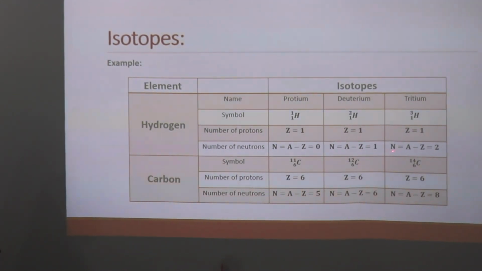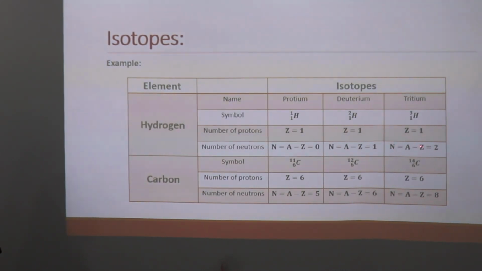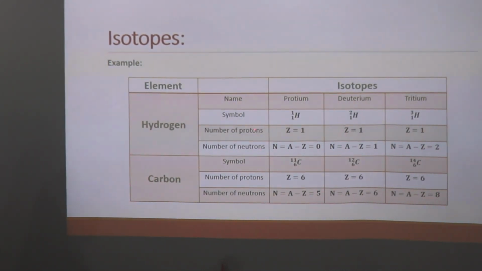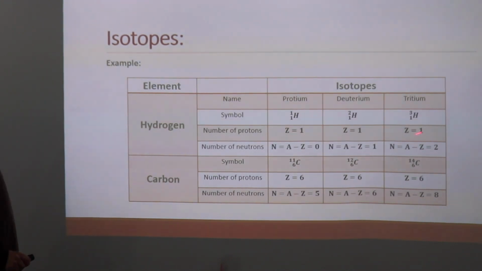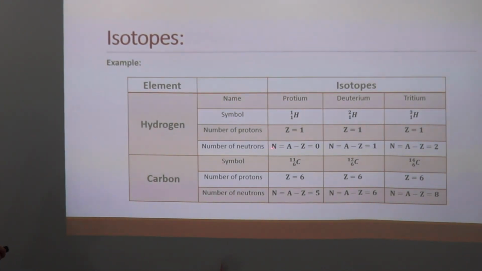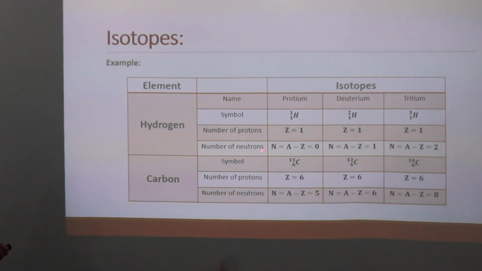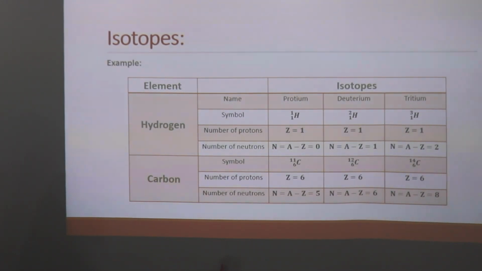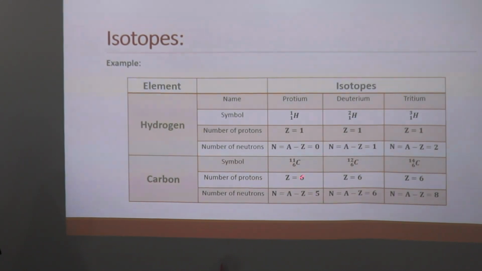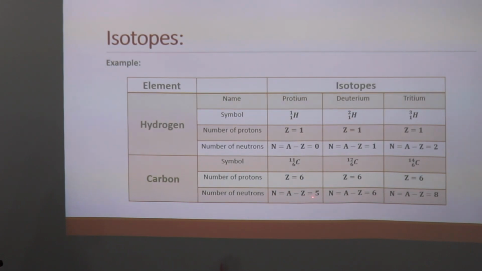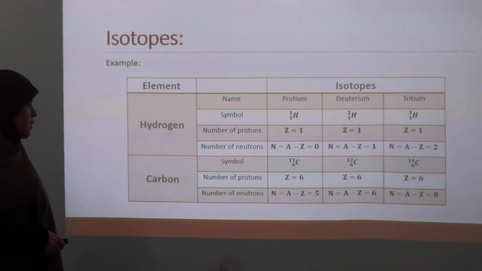For H13, the number of neutrons is 2. So the atomic number is the same, but they differ in their number of neutrons, and so in the mass number. Similarly, for carbon, the atomic number is 6 in the isotopes, but there is a difference in the number of neutrons, and so in the mass number.